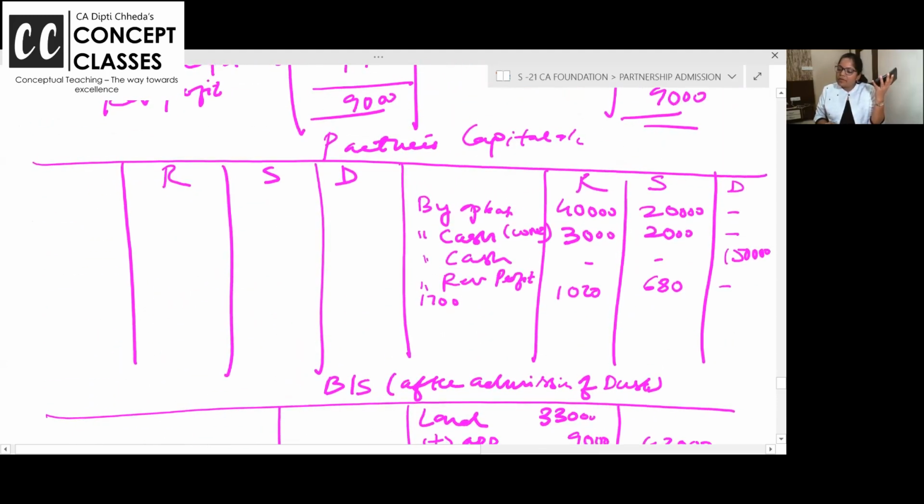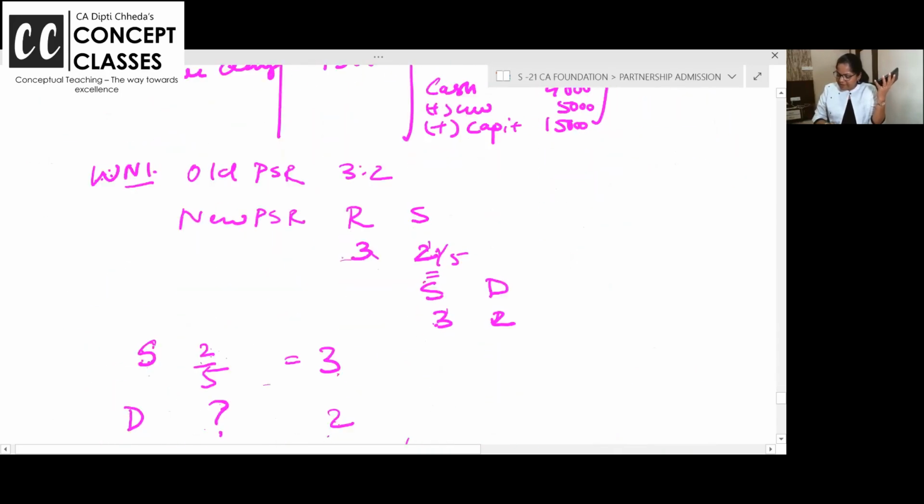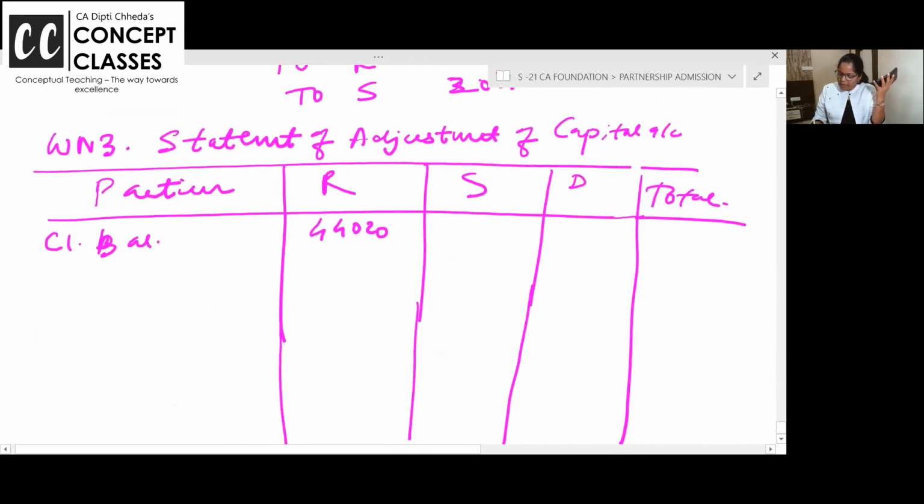Next. Dust has got capital 15,000. Extra zero put by mistake, 15,000. 22,680. You all are having a problem in your notebook. Calculate the total capital. 44,020 plus 22,680 plus 15,000. 81,700 you want.